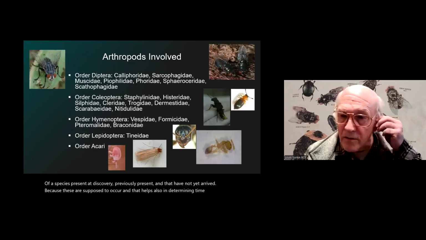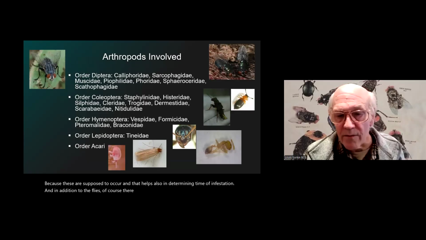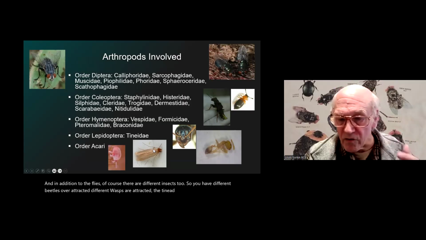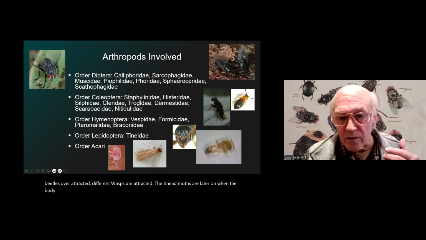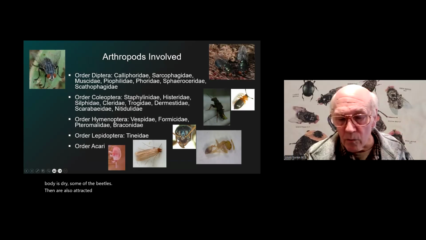And in addition to the flies, of course, there are different insects too. So you have different beetles attracted, different wasps attracted. The tineid moths are later on when the body is dry. Some of the beetles are also attracted later on when the body's muscle mass is drier.